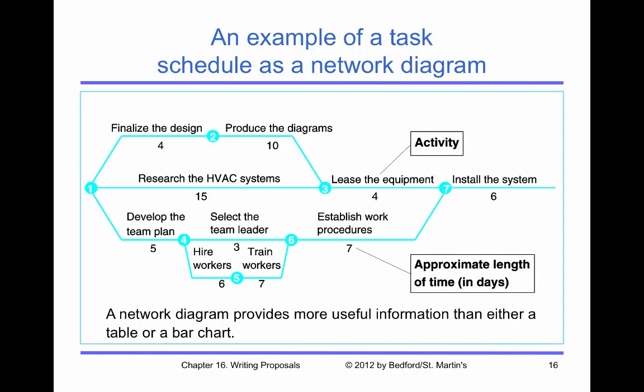Okay, this is called a network diagram, and I can't even begin to explain it to you. So there's a golden rule of charts, graphs, tables, graphics that I learned when I was a journalist in a previous lifetime.